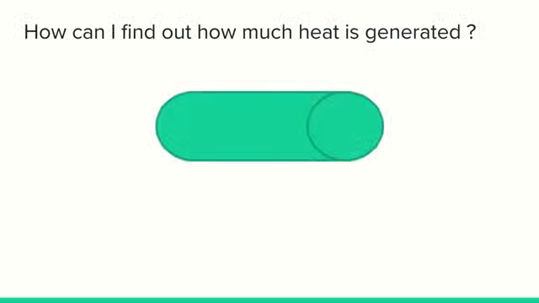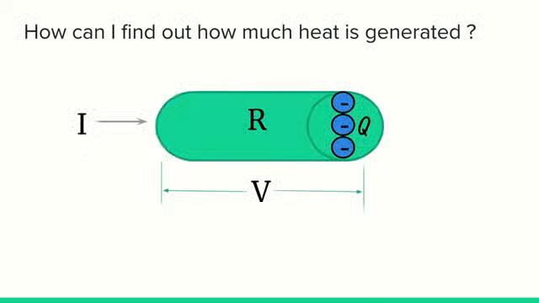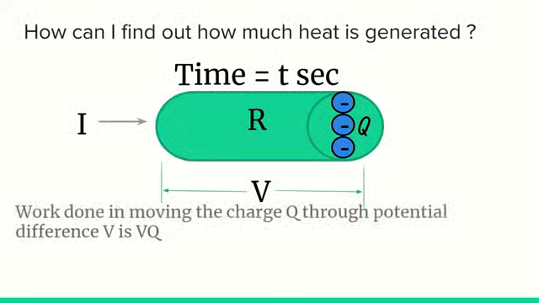Suppose you have a conductor and the conductor has a resistance R with potential difference V across its ends. Let I be the current that flows through the conductor and electrons Q pass through the conductor for time t seconds. With this information, we can calculate the work done in moving the charge through the potential difference V as VQ.